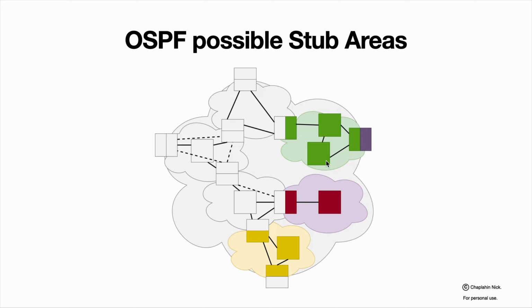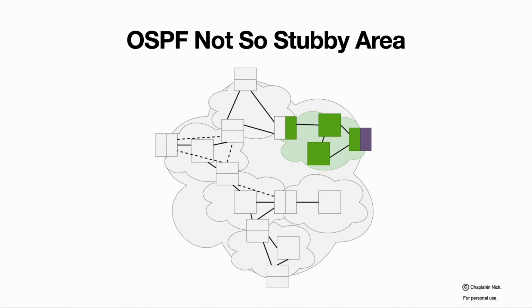So this is a tiny amount of transit traffic within the area. Then we can call this area a not-so-stubby area. Again, we have a less demanding OSPF table to maintain, and we can use cheaper and less powerful devices within this area to maintain, manage, and operate the traffic.